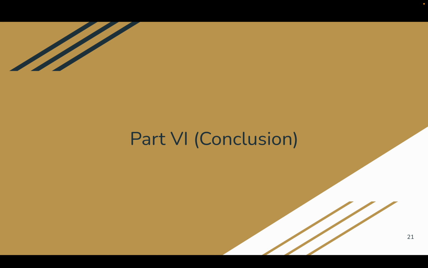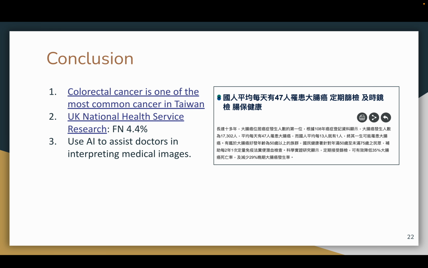Let's talk about the conclusion. There are many people who have colorectal cancer in Taiwan, and UK National Health Service research found that when doctors do their examinations, there is a false negative rate of 4.4%. There is a lot of loss in this.